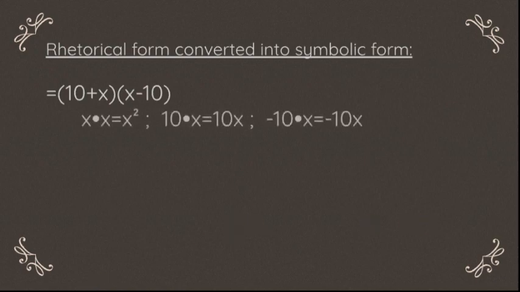Converting the written problem and solution in full symbolism, we would have 10 and thing to be multiplied by thing less 10. Solution: thing multiplied by thing is a square positive, and 10 by thing is 10 things positive, and minus 10 by thing is 10 things negative.